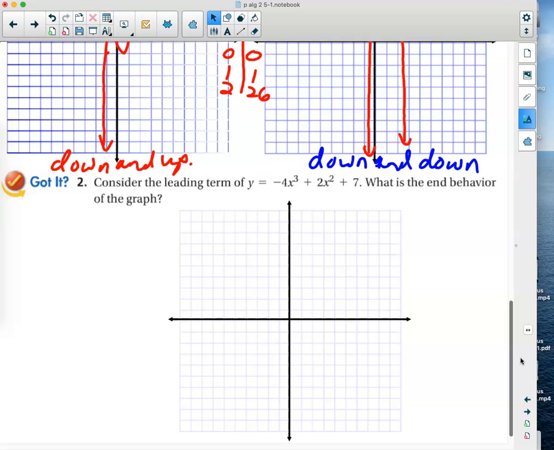What I want you to do is I'm going to put you in your little breakout sessions, and I want you to talk about how do you know that this is up and up, down and down, up and down, or down and up. And that's what we're going to find, just that information. So you'll be in a little breakout group, and I won't make them very large here, if my computer will behave itself.